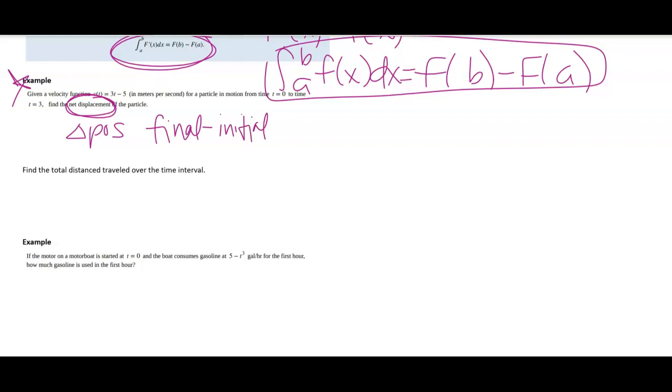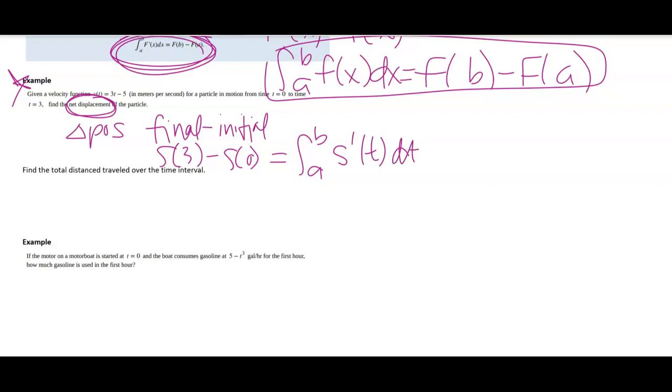If I want to call position S of t, then that would be S of 3 minus S of 0. Well, that's going to be the integral from a to b of S prime of t dt, where this would be 0 and this would be 3.